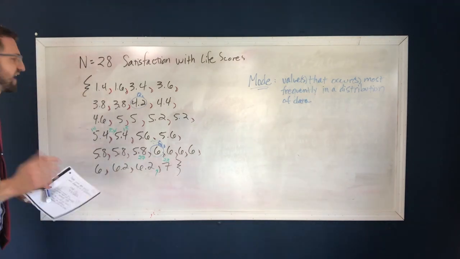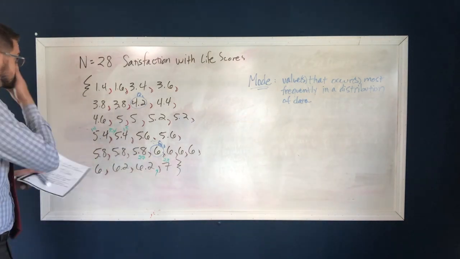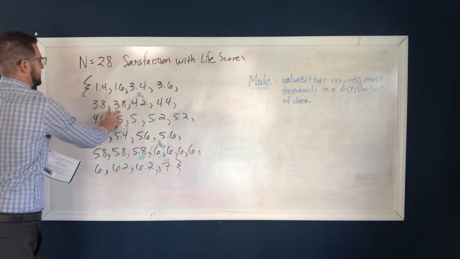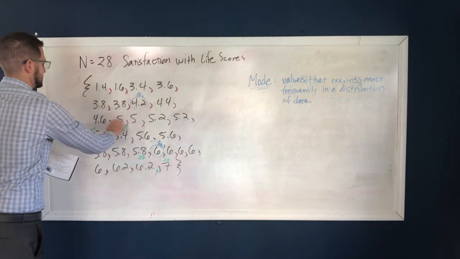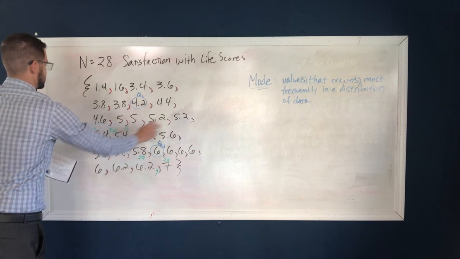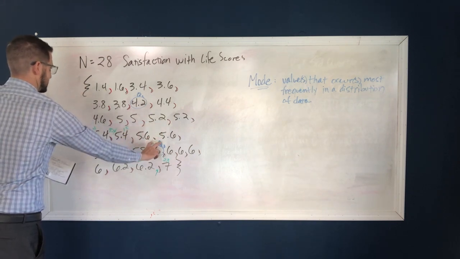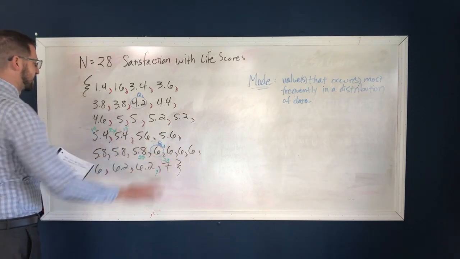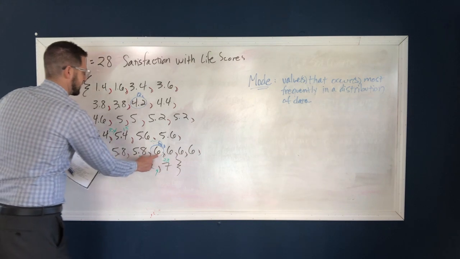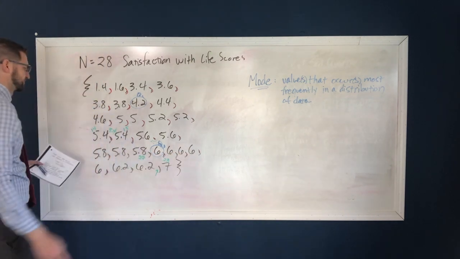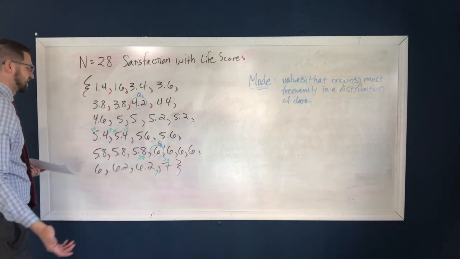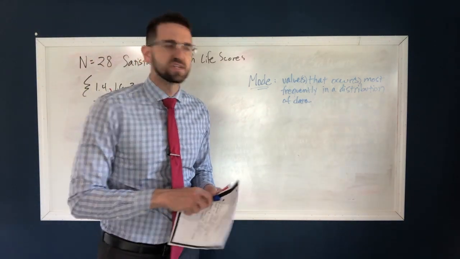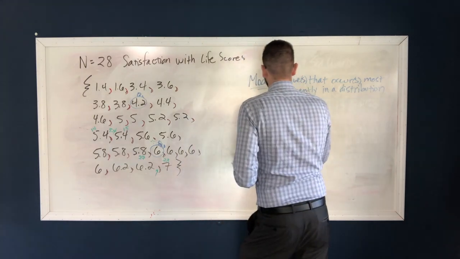So let's see, which value or values occur the most? It's definitely not that one. This 3.8 occurs twice, 5 occurs twice, 5.2 twice, 5.4 twice, 5.6 twice, 5.8 3 times, so now 5.8 is the winner for now. 1, 2, 3, 4, 5. Well, 6 occurs 5 times. Okay, so the mode of the distribution is going to be 6.